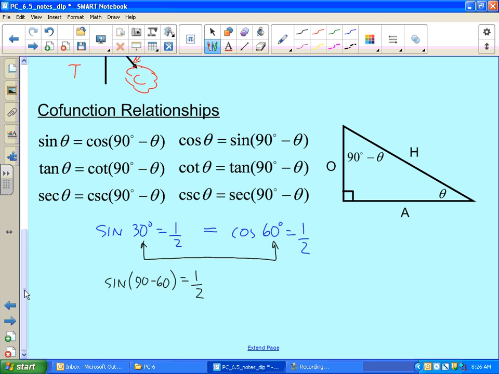So if we call this angle 60, just our generic theta angle, then this would become sine of 90 minus theta. And that is our cofunction relationship for sines and cosines.